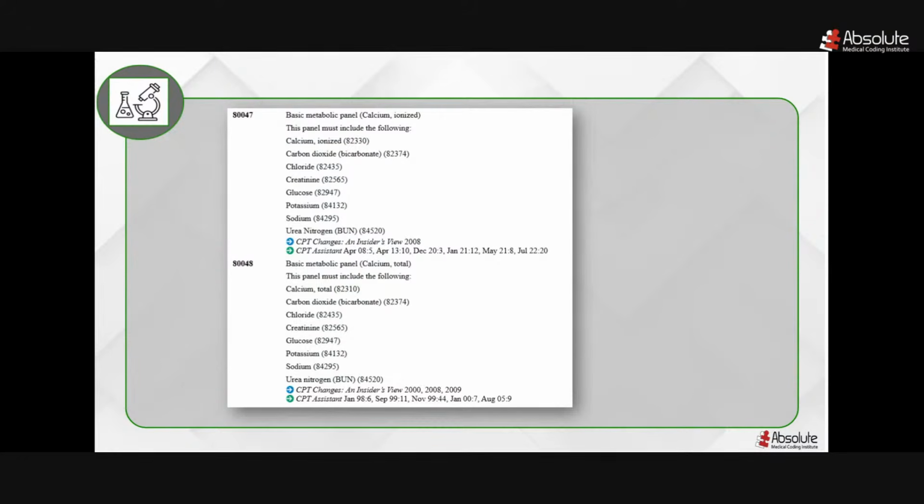So now let me give you a quick tip, coders, something you definitely want to be aware of when coding basic metabolic panels. We actually have two CPT codes for the basic metabolic panel. Yes, one is 80047 and the other one is 80048.